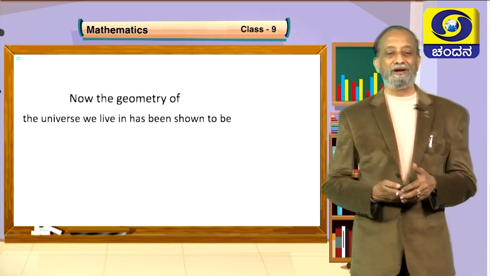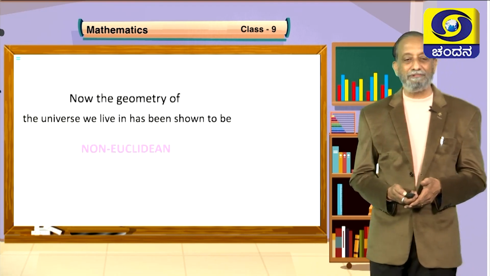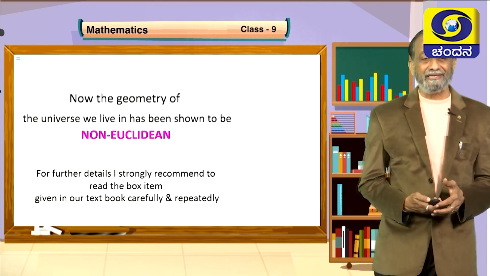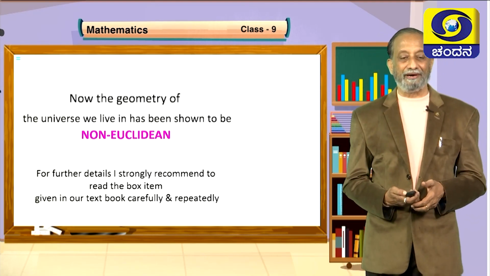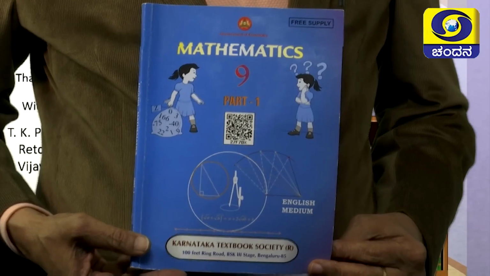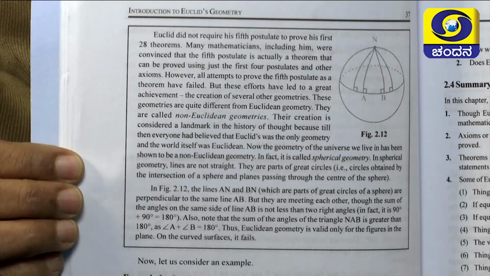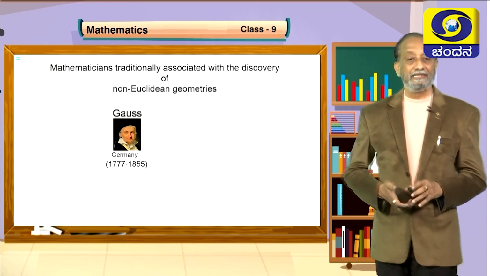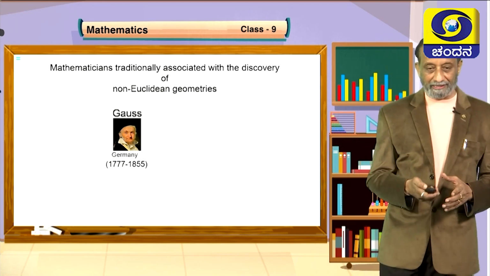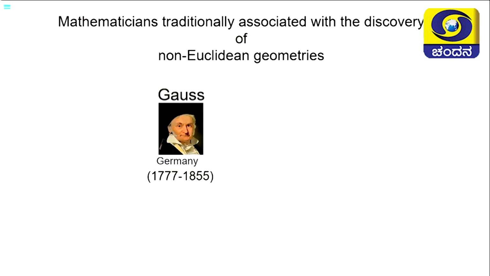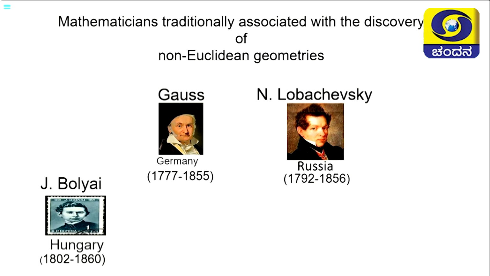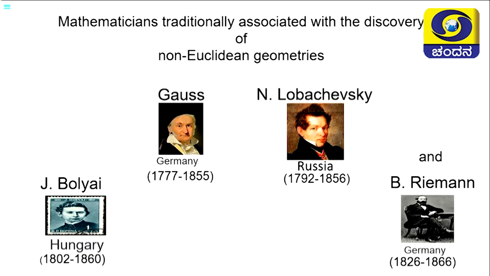Now, the geometry of the universe we live in has been shown to be non-Euclidean. For further details, I strongly recommend to read our textbook carefully and repeatedly. Mathematicians traditionally associated with the discovery of non-Euclidean geometry are, number one, Gauss from Germany, then Lobachevsky from Russia, then Bolyai from Hungary, and finally B. Riemann.